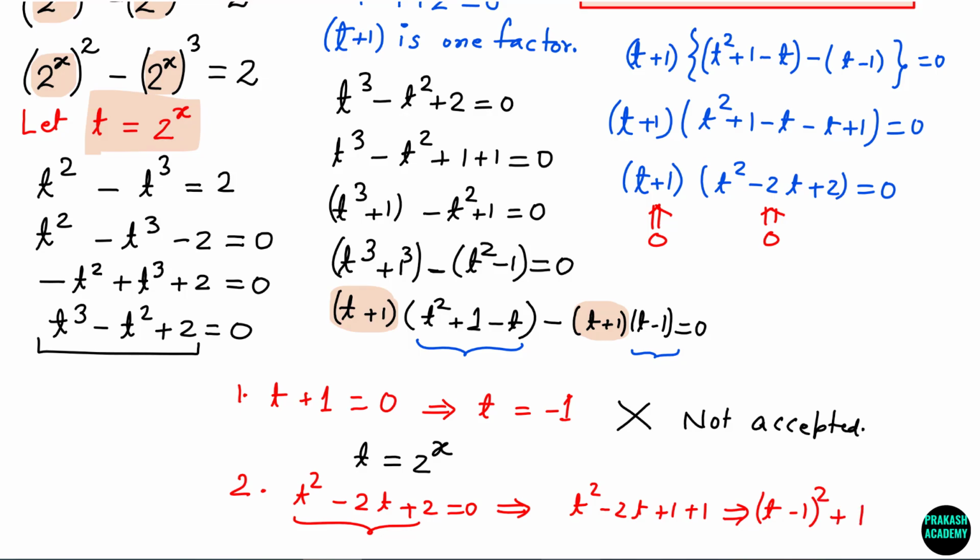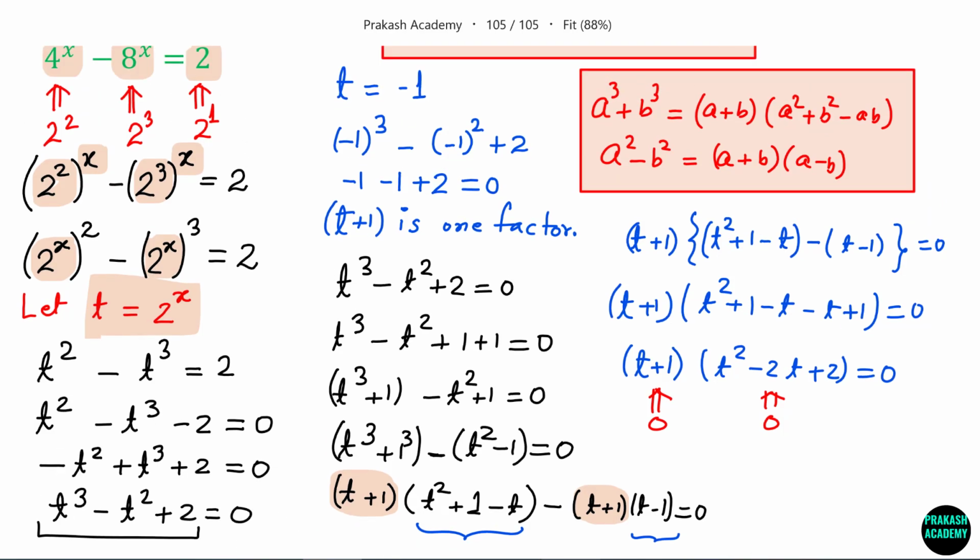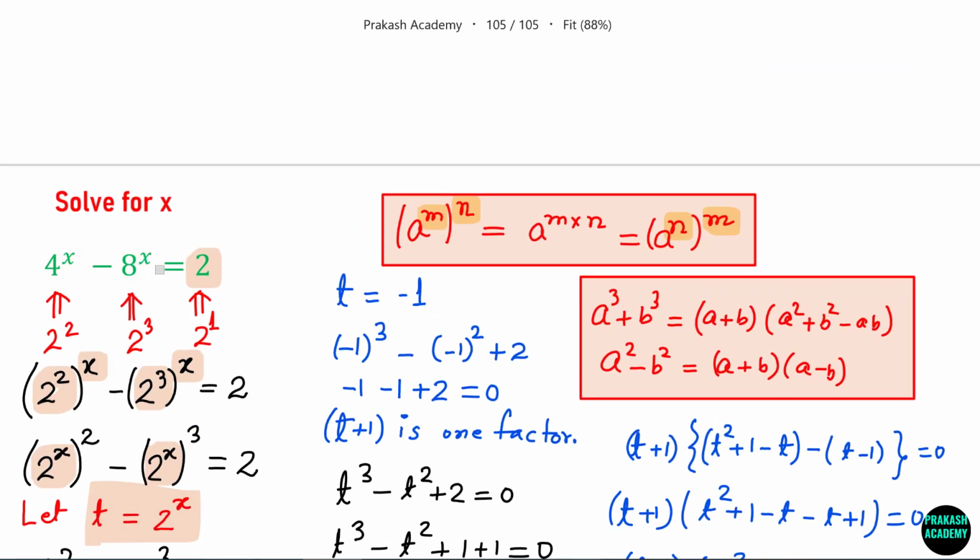Now this whole square is always greater than or equal to 0, that is the definition of any squared term, and then you are adding 1. So this term is never going to be 0. This is not possible, so this is also not a solution. So basically in this problem there is no solution. For the given equation, no solution exists.